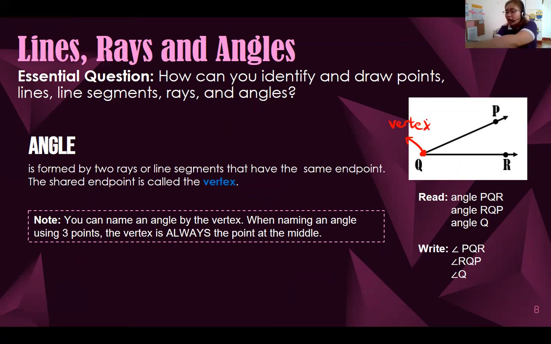When you are trying to name an angle, always remember that the vertex should be placed as your middle letter if you are using three letters in naming the angle. But if, for example, you are given a single angle like this one, you can simply read it as angle Q. You can best apply the three-letter naming of angles if it's already inside a shape.